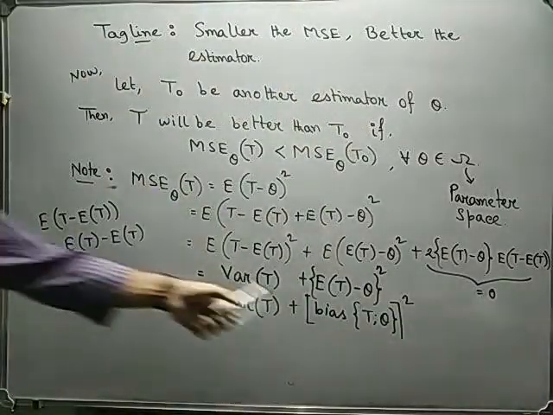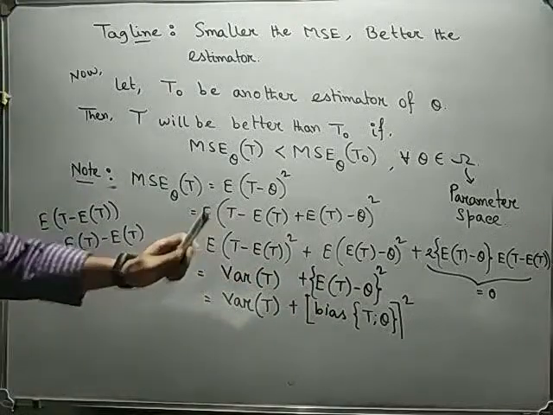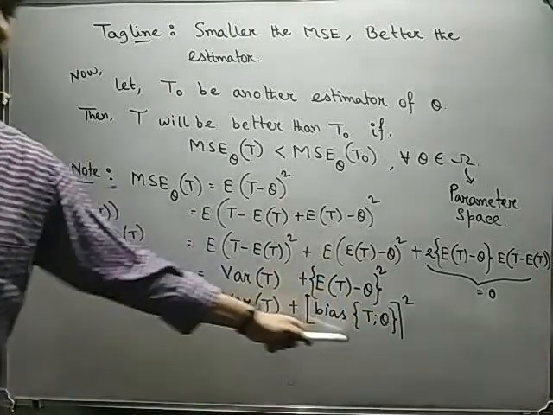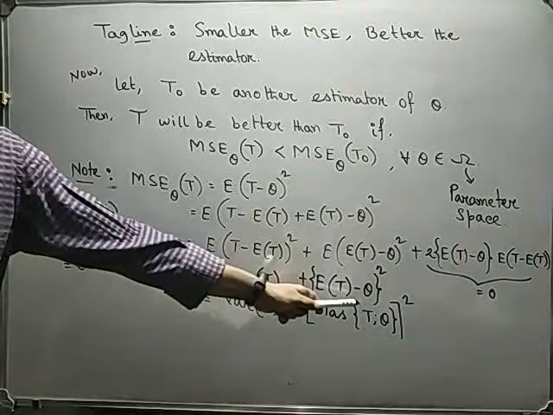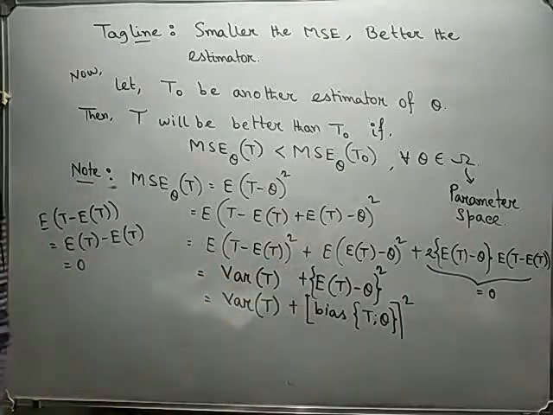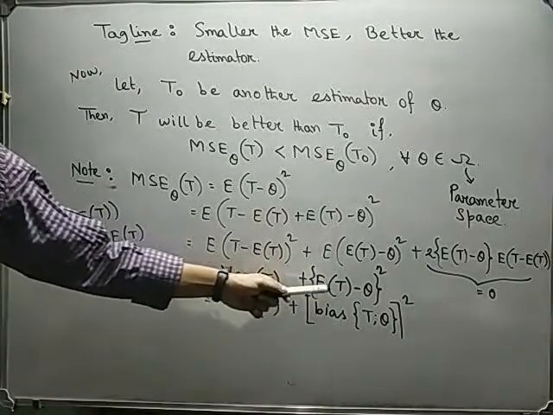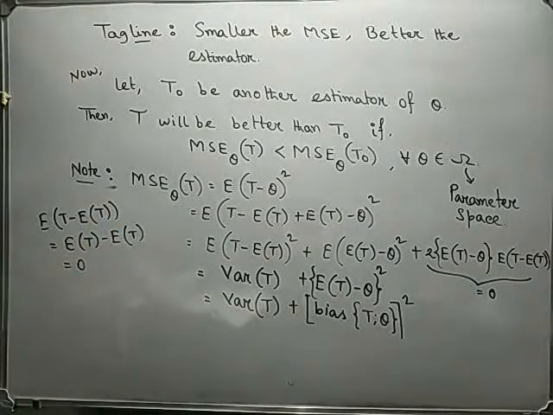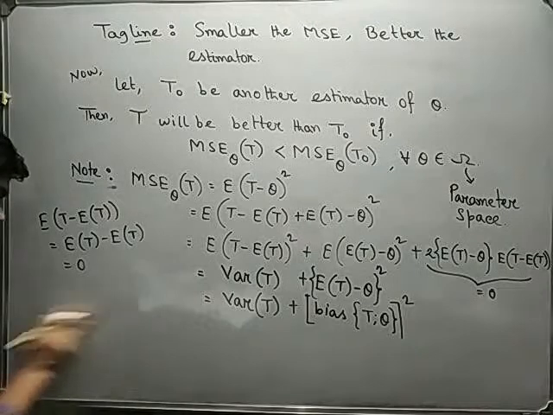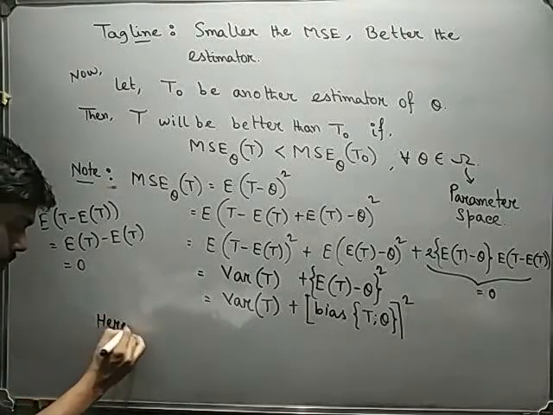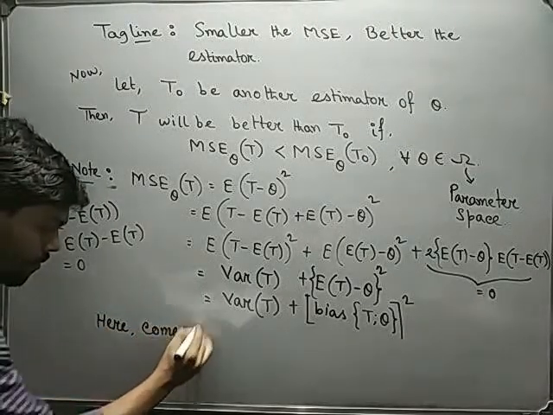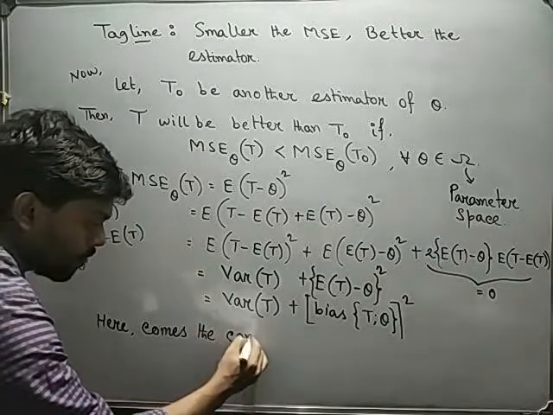Now here comes the concept of unbiasedness. If bias of capital T, like expectation of T minus theta, is basically 0, then we can call capital T an unbiased estimator of theta.